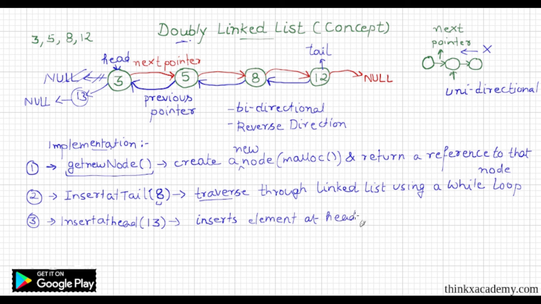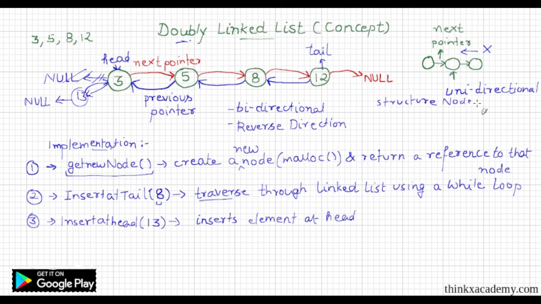and in this function we are going to just manipulate the pointers. We will have to change the pointers here, and after changing the pointers we will get a doubly linked list like this. We will have to create a next pointer and a previous pointer also. So in the implementation, the structure will have 3 variables instead of 2.